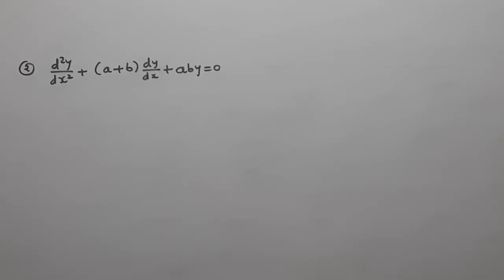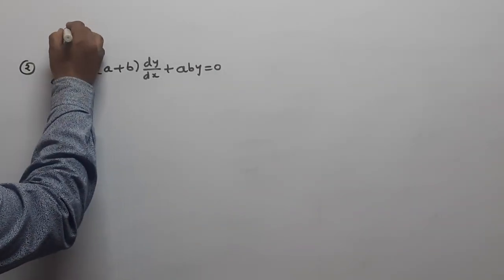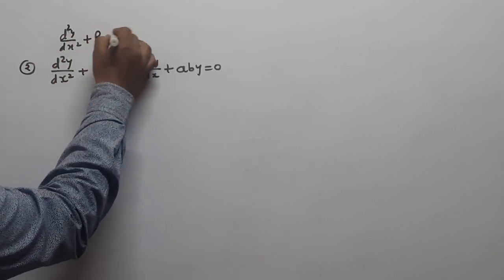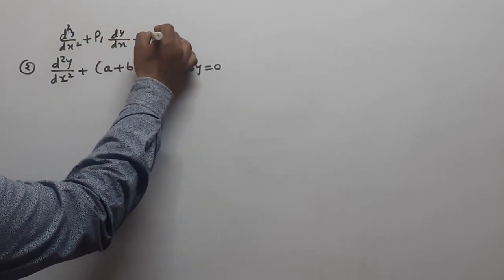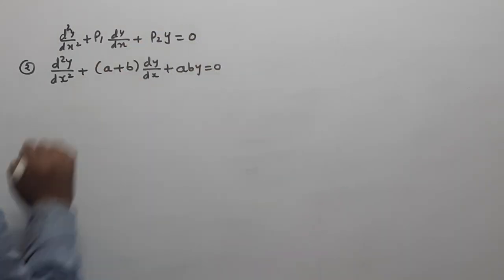Now we take another example. You can see that this is the second order linear differential equation with constant coefficients: d2y by dx2 plus p1 dy by dx plus p2y is equal to 0.